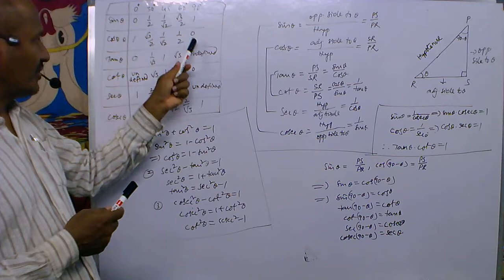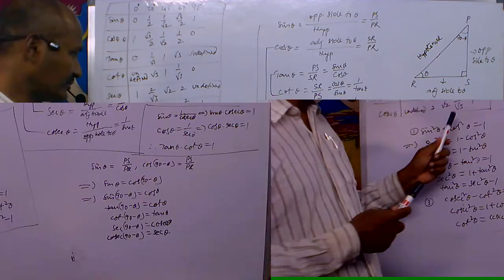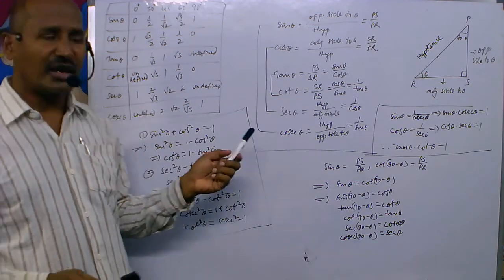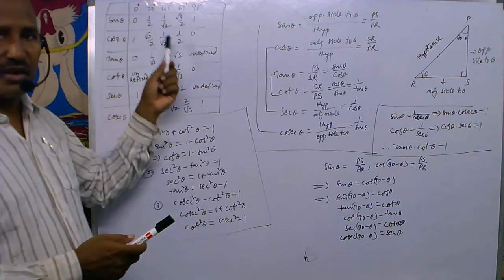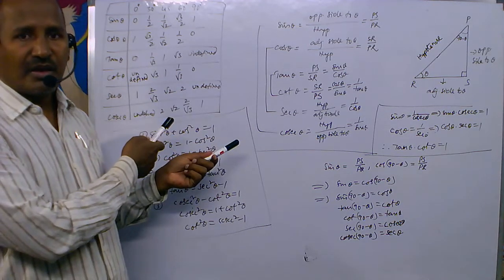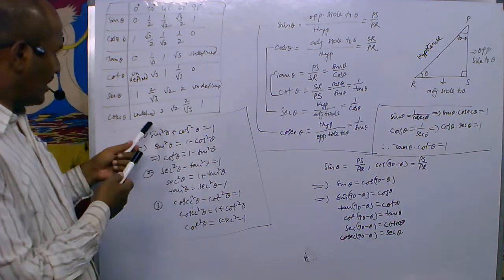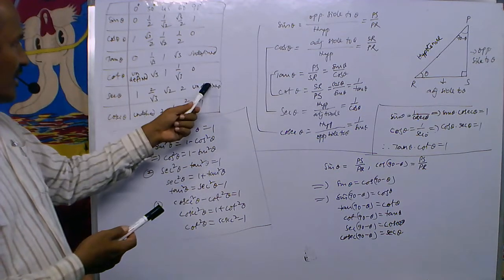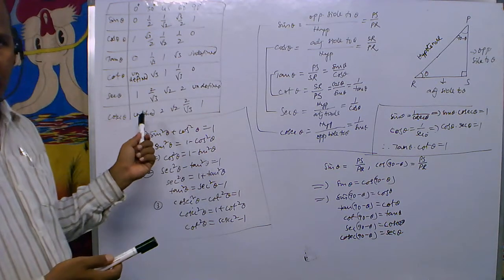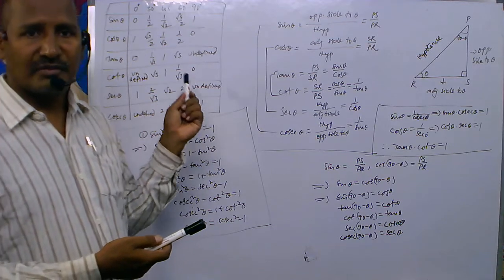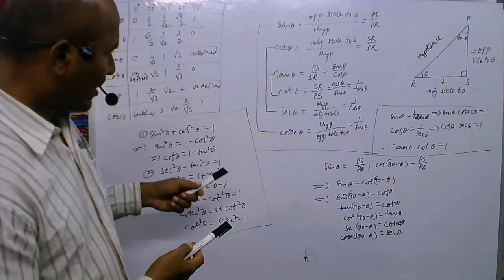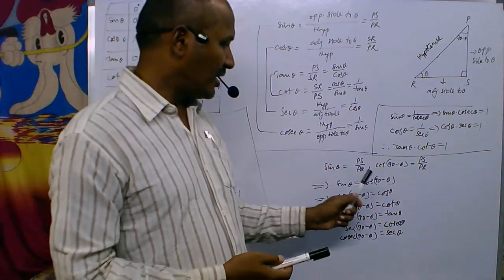Reciprocal of 0 is undefined. Similarly, cosecant theta is the reciprocal of sin theta. I think you have already practiced it. Similarly, you take the values of secant theta from 90 degrees to 0 degrees to get the values of cosecant of the same angle.